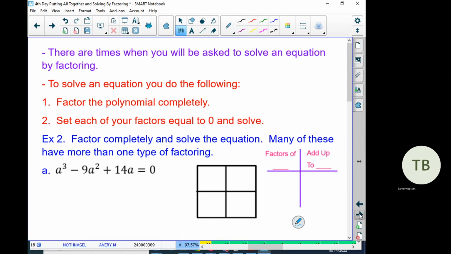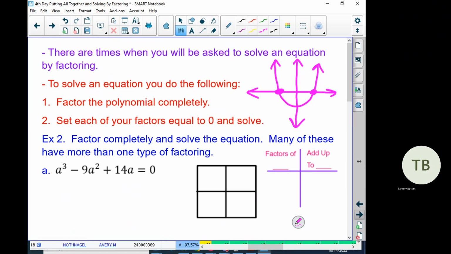All right, so now we're going to talk about the last thing in this chapter. The whole reason we factor is so that we can find our answers to an equation. And we talked in the last chapter that if you have an equation, what we really care about is where it crosses the x-axis, because those are the zeros, you can call them the roots, you can call them the x-intercepts.